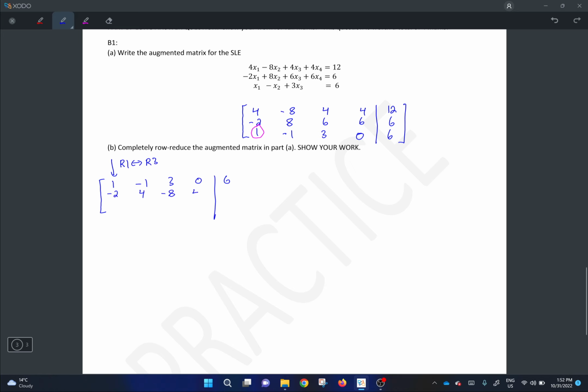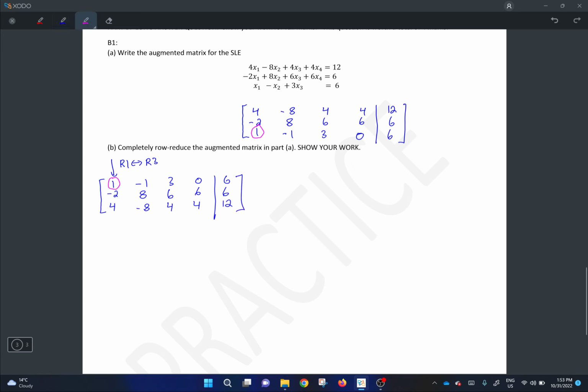Oh, sorry, I'm misreading it. Negative 2, 8, 6, 6, 6, and then the row swapped. New row 3 is now 4, negative 8, 4, 4, 12.